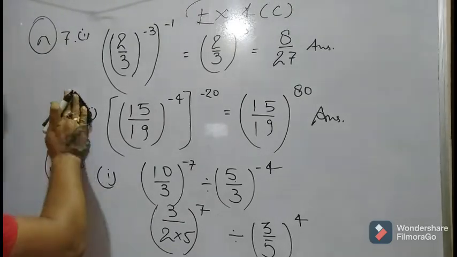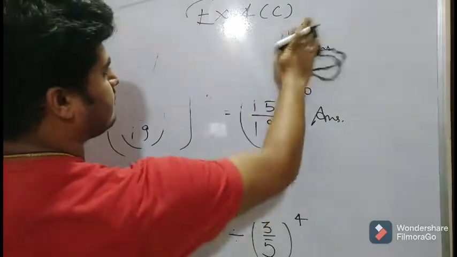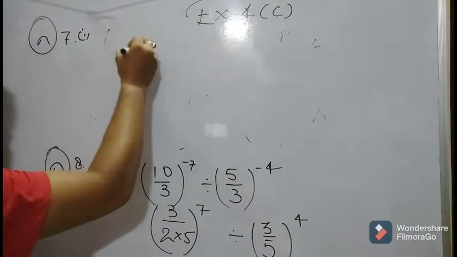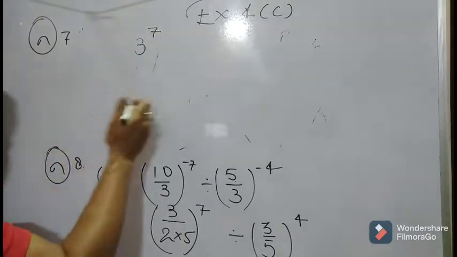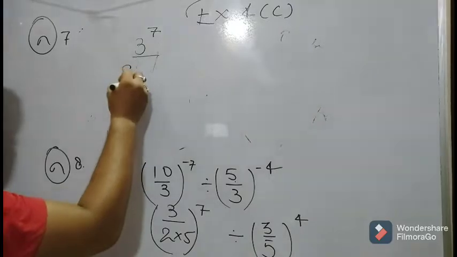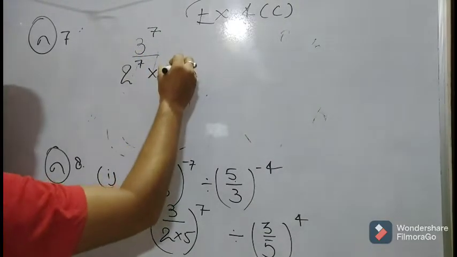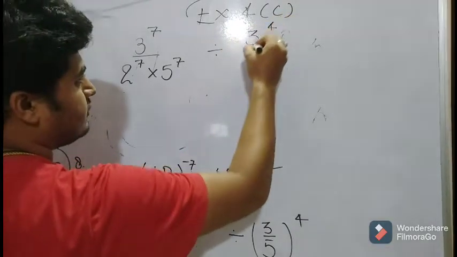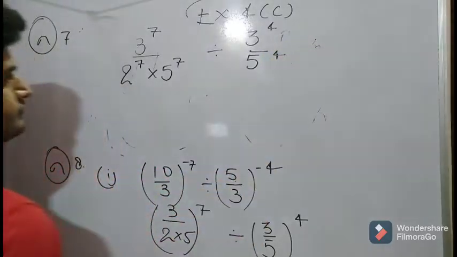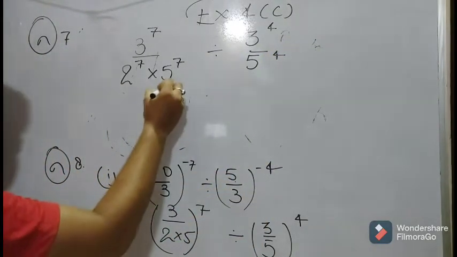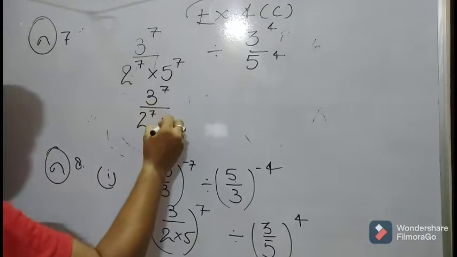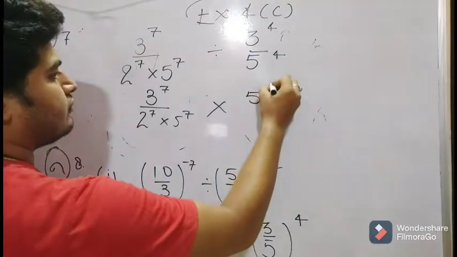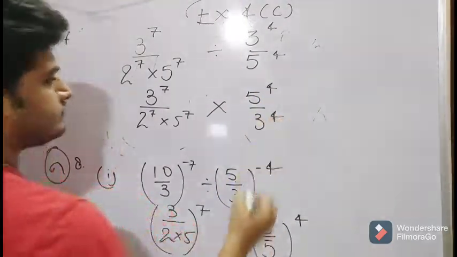On expansion, it can be written as 3 raised to the power 7 upon 2 to the power 7 into 5 to the power 7, since the power 7 will be distributed to all of them, divided by 3 raised to the power 4 upon 5 raised to the power 4. So 3 to the power 7 upon 2 to the power 7 into 5 to the power 7, multiplied by, the fraction will be reversed, 5 to the power 4 upon 3 to the power 4.